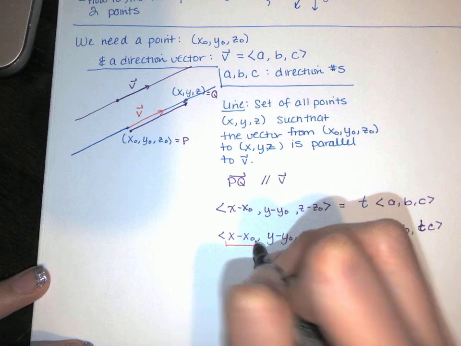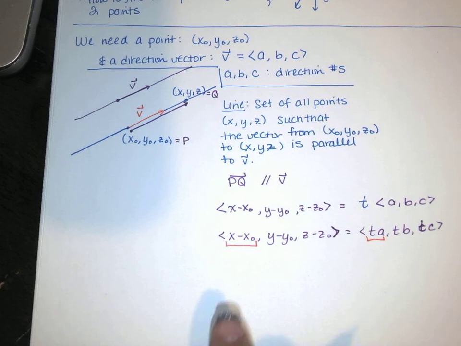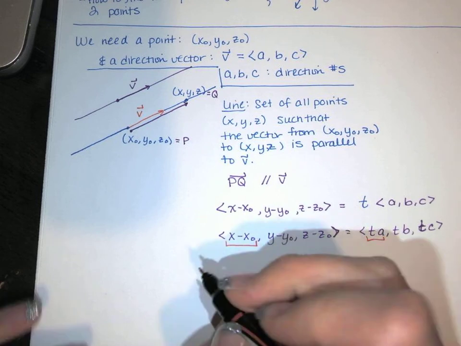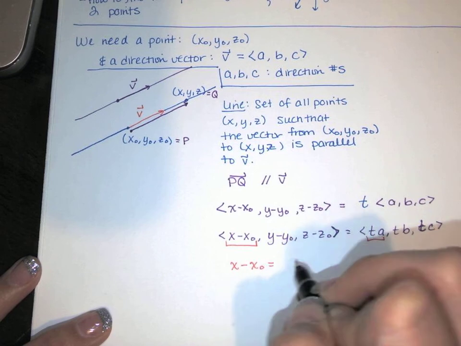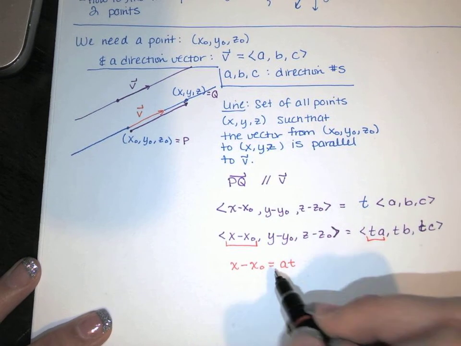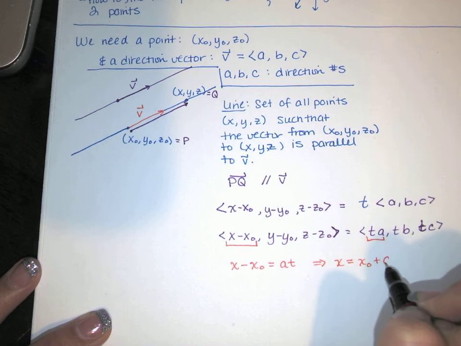The only way two vectors are equal is if their component forms are equal. So x minus x naught has to be equal to t times a. I'm going to write it in the reverse order, at. So I'm going to solve for x. So I have x equals x naught plus at.